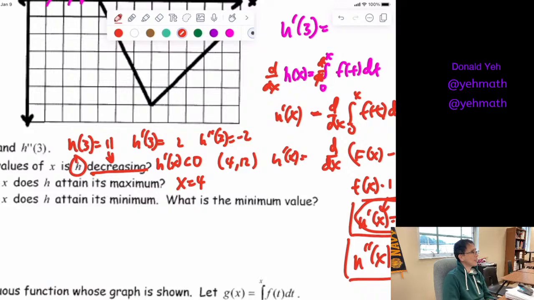Does everybody understand him or no? Adam, do you understand him? He's saying, just to clarify, it's when the graph goes from positive to negative, like it gets the change. Yeah, but that's f of x. So when f of x is going from positive to negative, that's also implying h prime of x went from positive to negative. That means it went from increasing to decreasing.